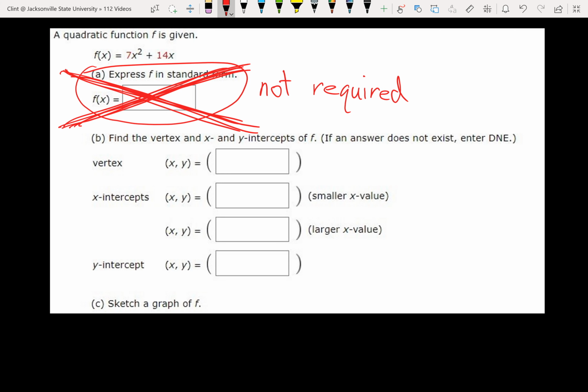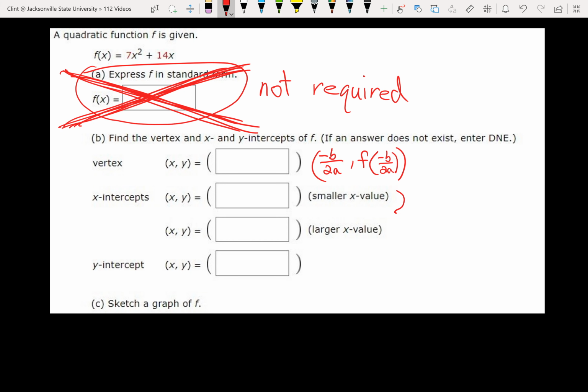Okay, so where we want to start on part B, we're going to start with the vertex. Again, we're going to use negative b over 2a, and then whatever that number is, we're going to plug it into our function and get the coordinates of our vertex like we did on the last one.